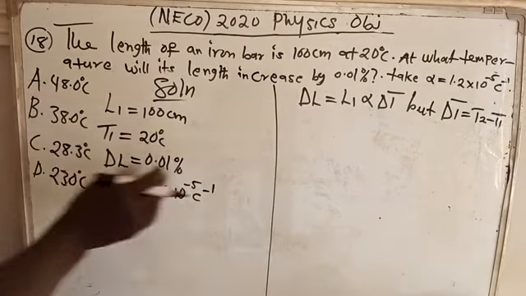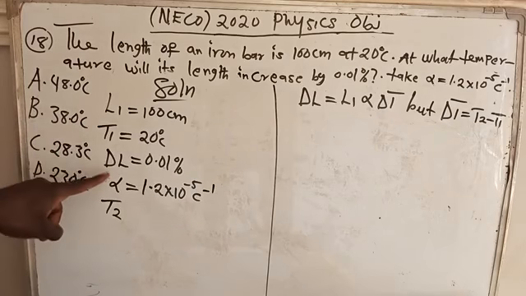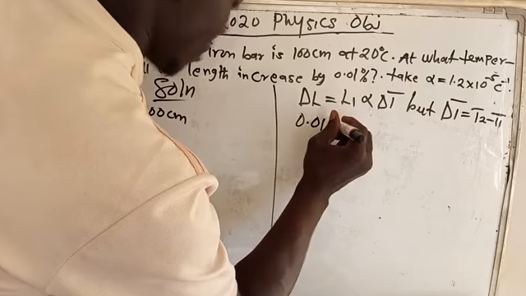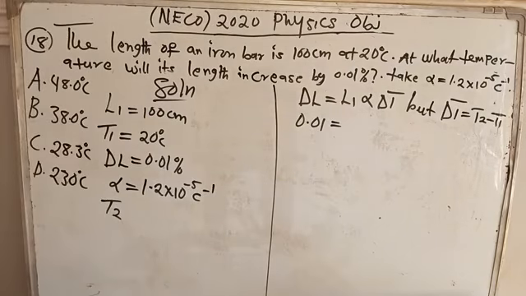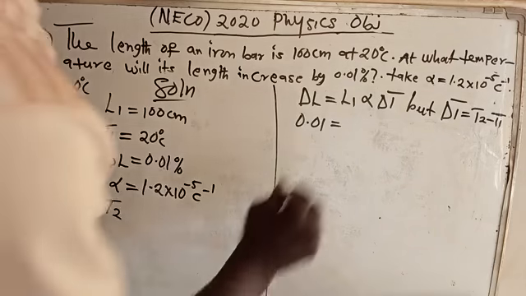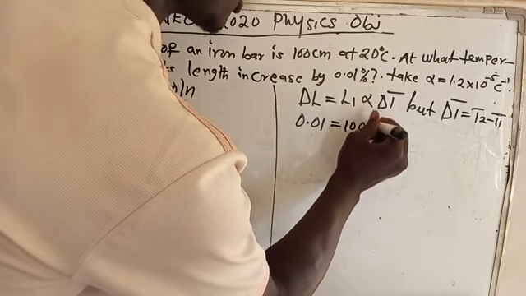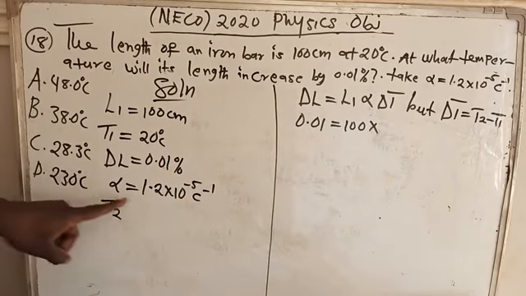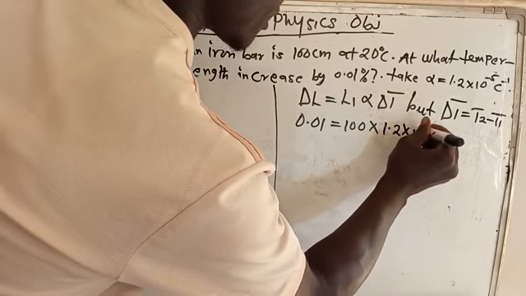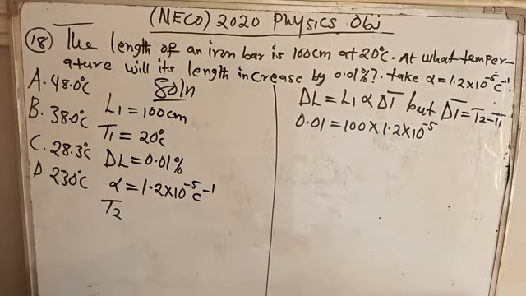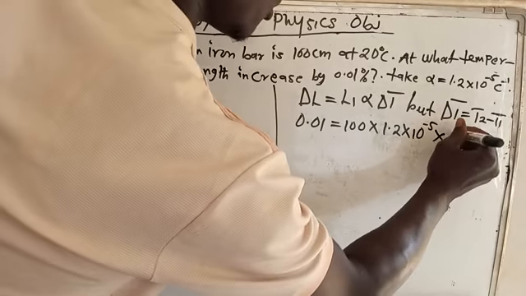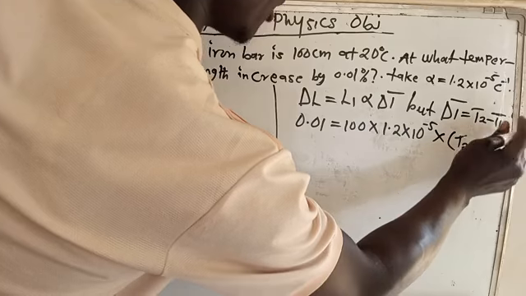If you look at the parameters very well, we are given the change in length, which is 0.01, and this will be equal to the original length, L1, which is 100, multiplied by the linear expansivity, 1.2 multiplied by 10 raised to the power of minus 5, multiplied by ΔT, and ΔT is equal to T2 minus T1.